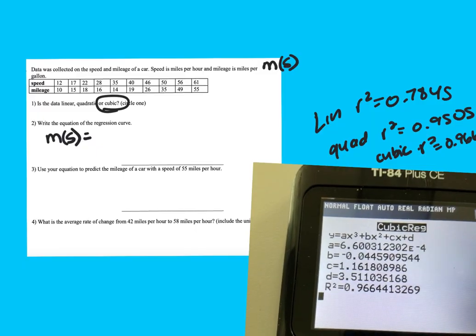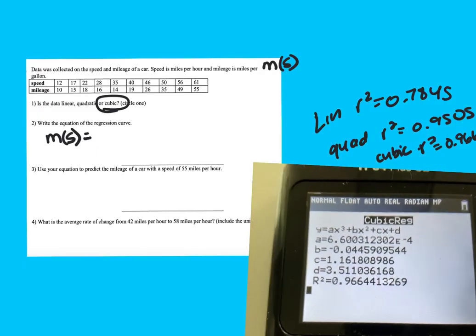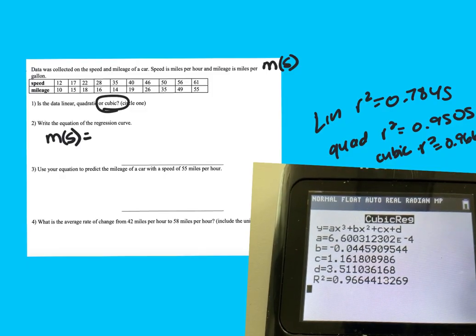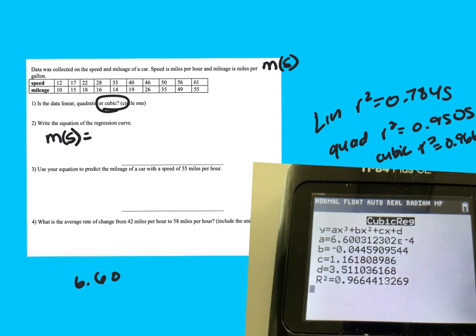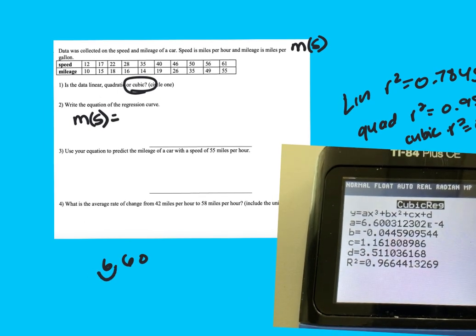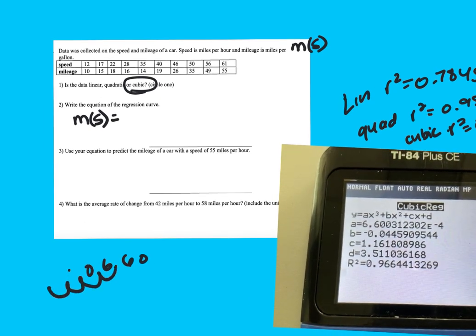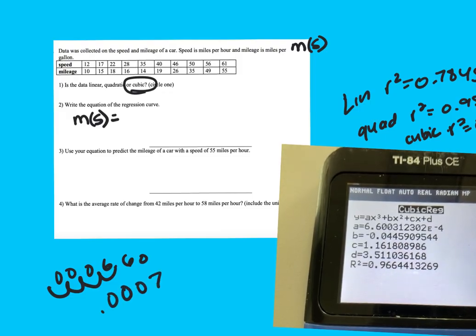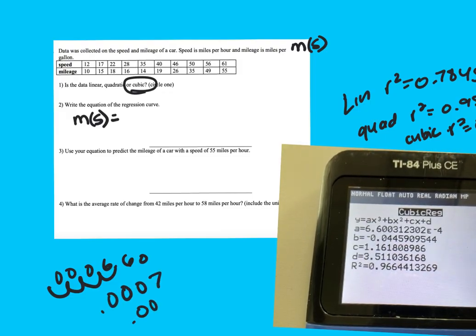Notice what's happening on A. What's the value for A? It's got an e to the negative 4, which means that is 6.60 whatever with 4, move the decimal 4 places. So it's 0.0007 or 0.001.